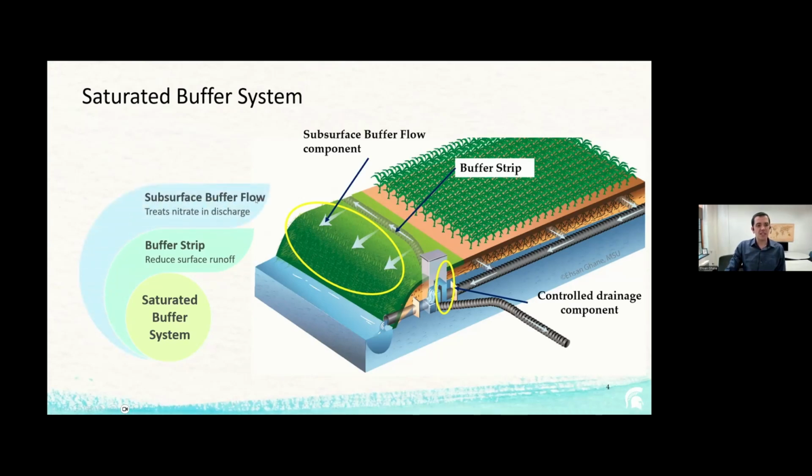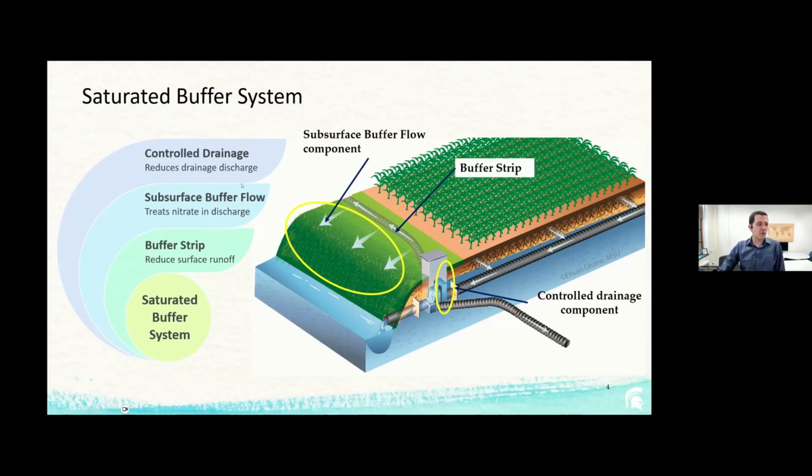The second part I explained was the subsurface buffer flow, which you are familiar with if you work with saturated buffers, and you know that it treats the nitrate in the drainage discharge that's moving through the soil profile. And then the third and last one is the controlled drainage component. Basically, this one reduces drainage discharge by managing the elevation of the outlet through these weirs here. It does a great job for nitrogen reduction and also for phosphorus reduction as well.